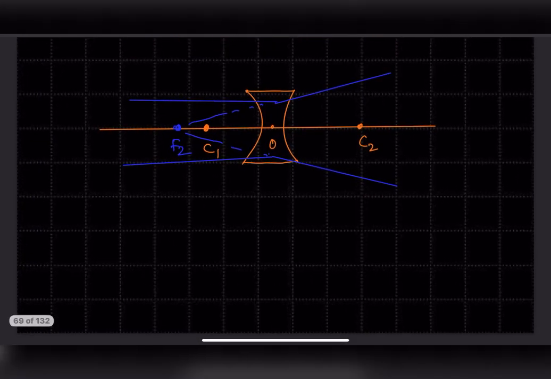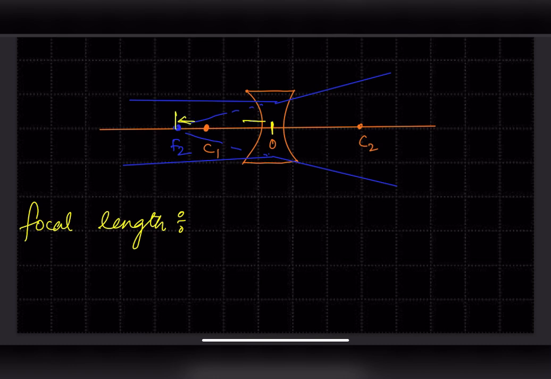Okay, so this is all. One more thing that we need to understand is focal length. What is focal length? It is the distance from the first principal focus or second principal focus to the optical center. So from here, the distance of the focus, this is my focal length.